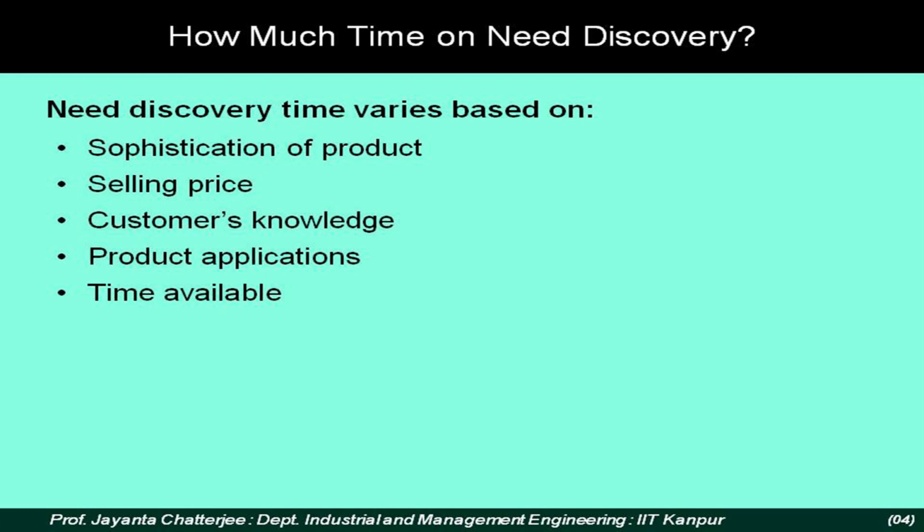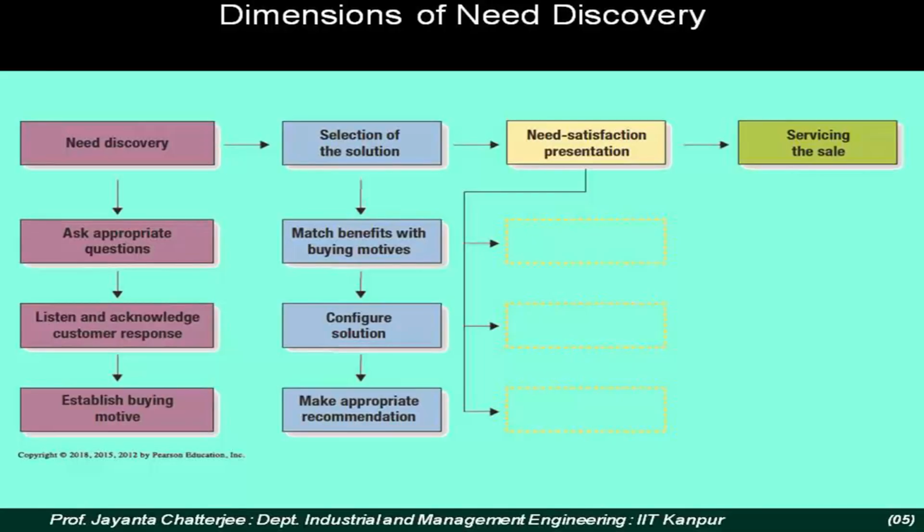So the higher the sophistication, the higher the selling price, the more the requirement of customer knowledge, and the more complex the application situations of the product, the more time you need to spend on the inquiry part, the questioning part, the need finding part. And this discussion is about dimensions of need discovery.